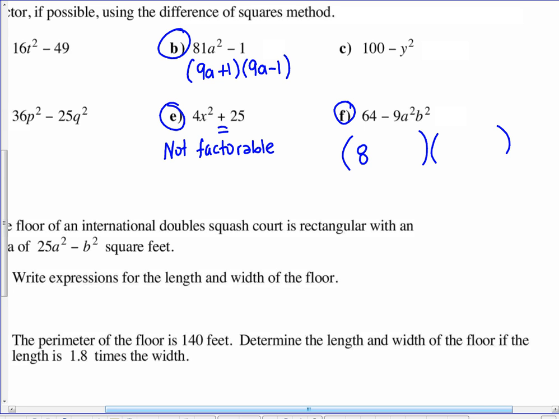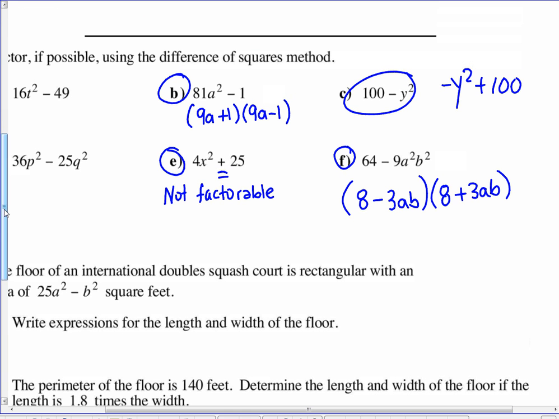8 plus 3AB, 8 minus 3AB. 8 minus 3AB and 8 plus 3AB. Your variables could be in either order. It's always good to keep the minus in between. So if you have a question, like say I gave you this negative y squared plus 100, that is factorable, guys. So this is a difference of squares. Can you square root both of those? Yes. Is one positive, one negative? Yeah, just rewrite it, rearrange it.